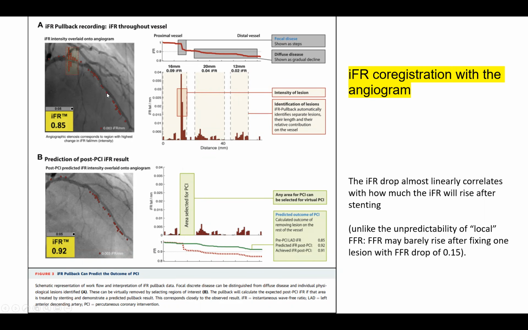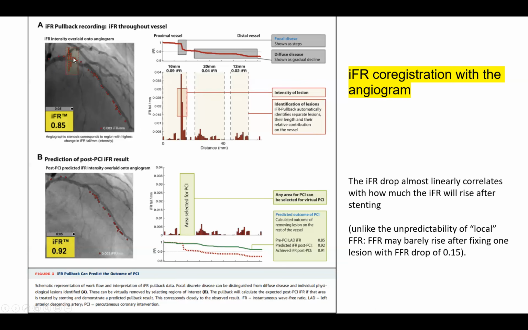The IFR drop almost linearly correlates with how much the IFR will rise after stenting, unlike the unpredictability of local FFR. If you had a distal FFR of 0.70, and you fix a proximal lesion, it's unpredictable how much the FFR will rise.